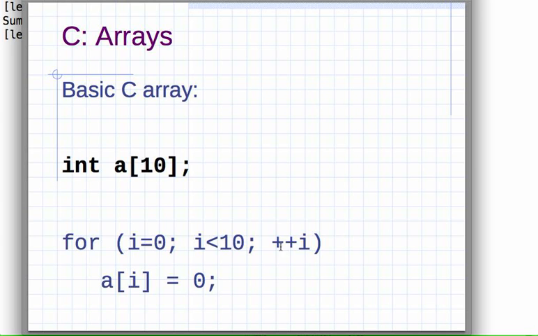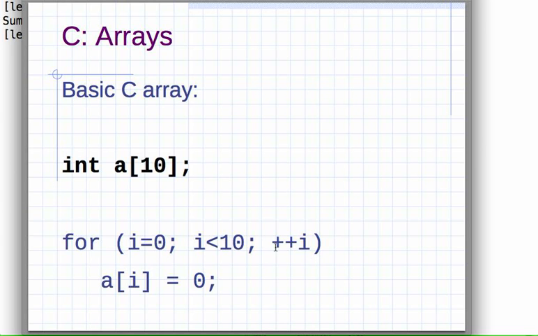Is there a difference between using plus plus i and i plus plus? Actually, it turns out this is just a tiny bit more efficient, and it's almost to the point where you don't have to even think about it. You could just as well say i plus plus. It would be completely equivalent. No difference.